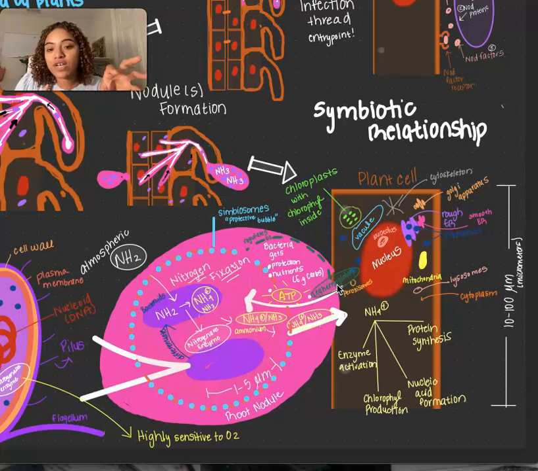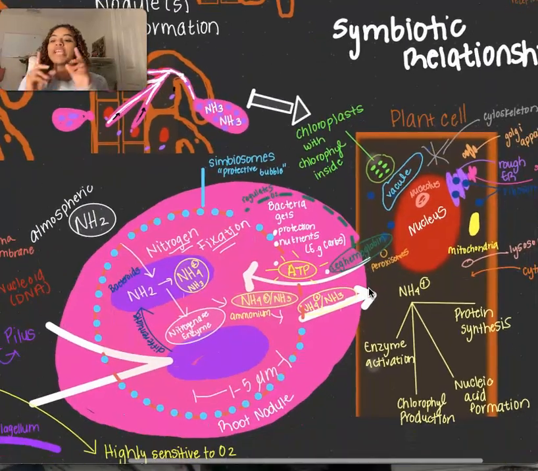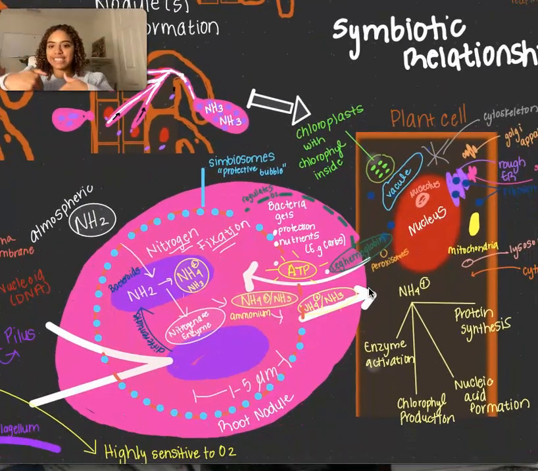So the plant cells have evolved to create something called leghemoglobin that regulates oxygen levels inside the symbiosomes, the little protective bubble, so they have an environment that allows them to produce ammonium, a form that the plant can absorb.